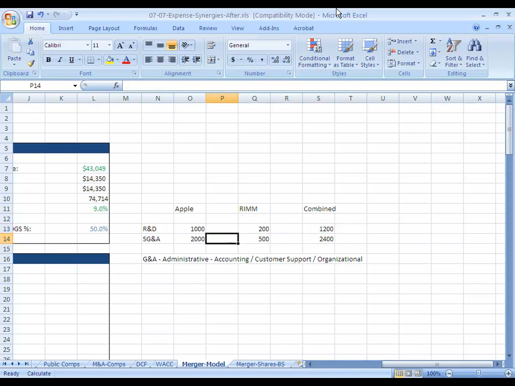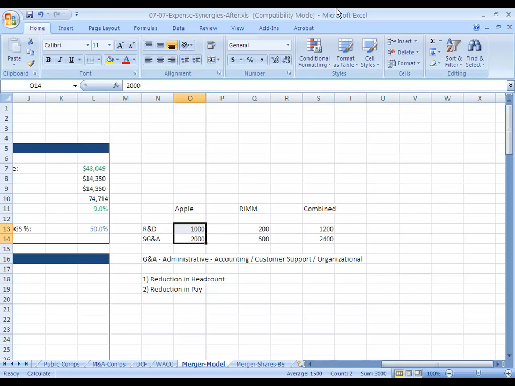Now, another way that you could have expense synergies here, the first way that we just went over is reduction in headcount. But another way that you could have expense synergies is you could have a reduction in pay. So maybe RIM's employees are getting paid significantly more than Apple's or even just a little more. And under the new company, they all get paid Apple's standard rates, so the average expense per employee falls.